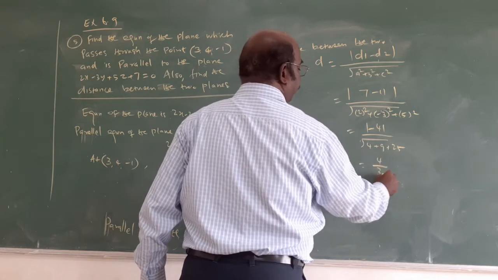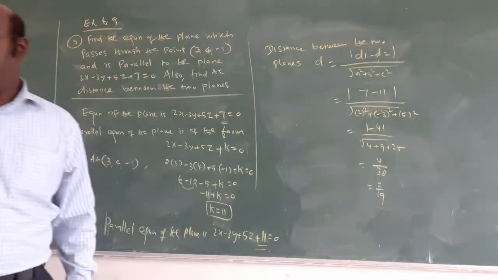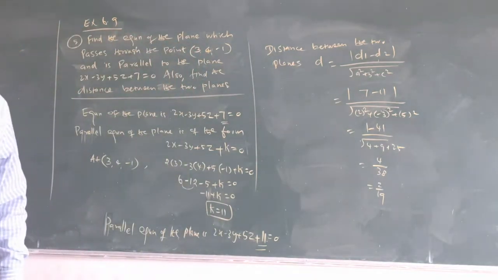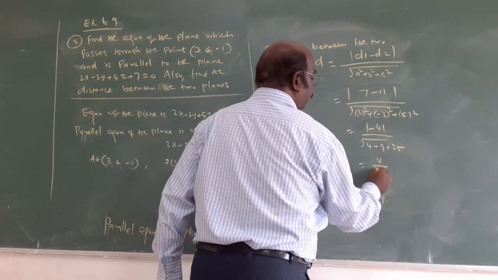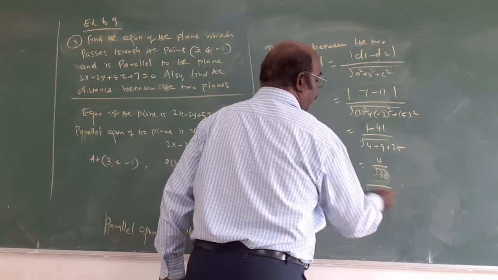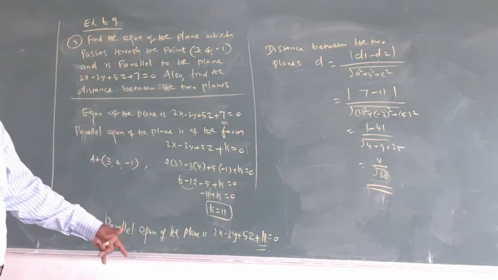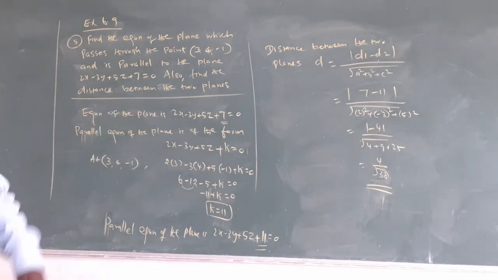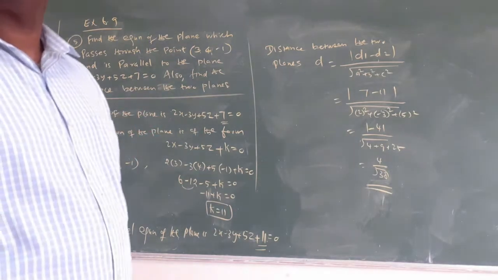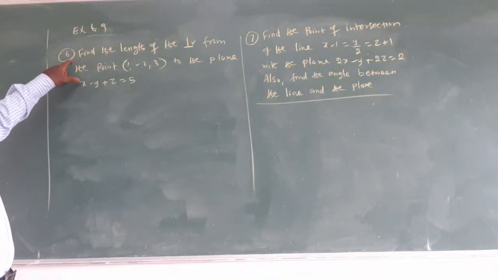The answer is 4 by root of 38. That's all. You find the parallel plane, then the distance between two parallel planes using one formula. Now next question, sixth question.